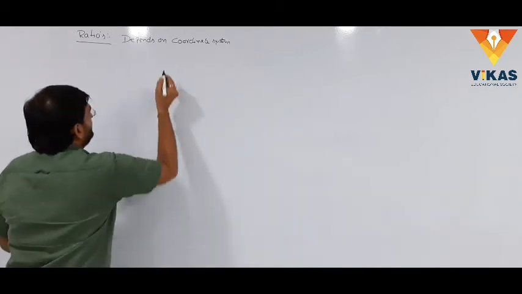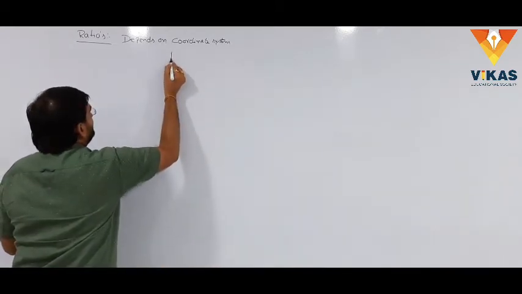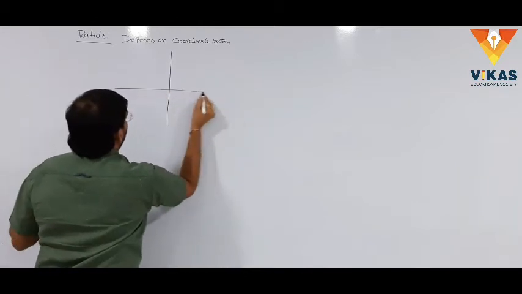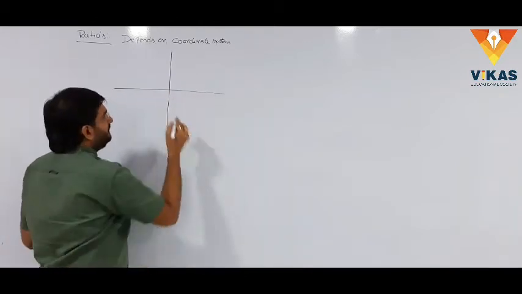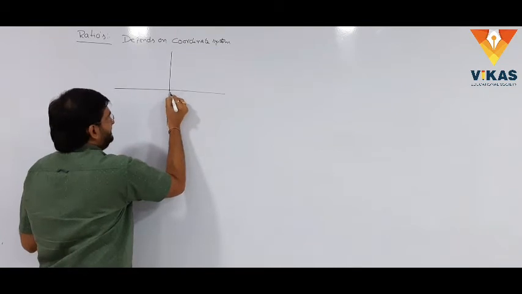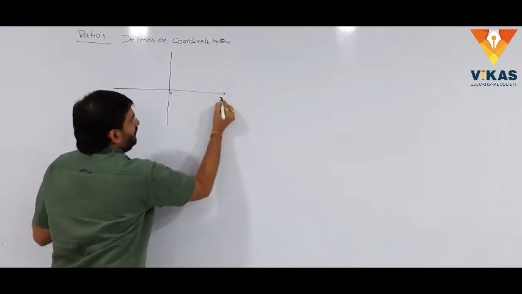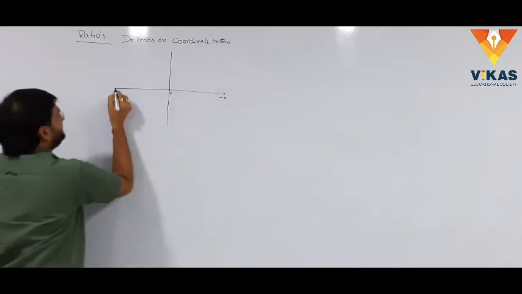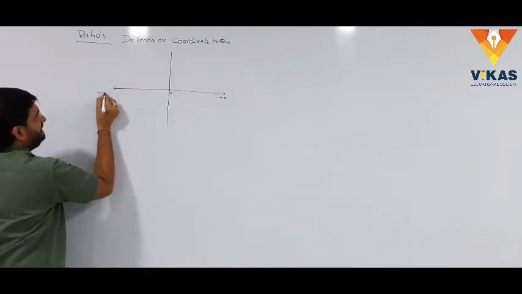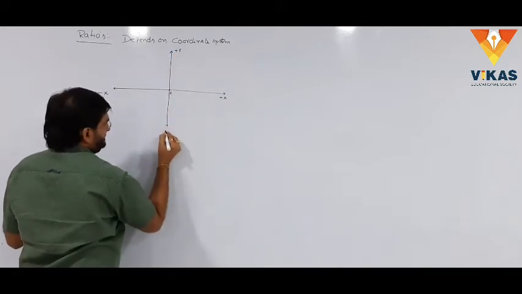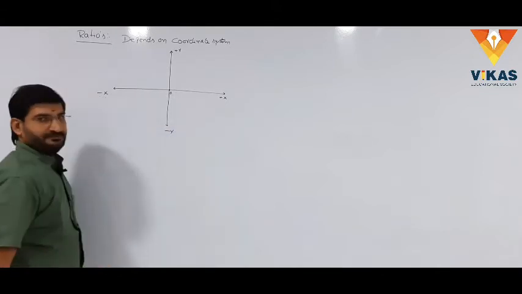First, you draw the coordinate axis simply like this. The intersecting point is O. This is the positive x-axis and this is the negative x-axis, and this is the positive y-axis and this is the negative y-axis.